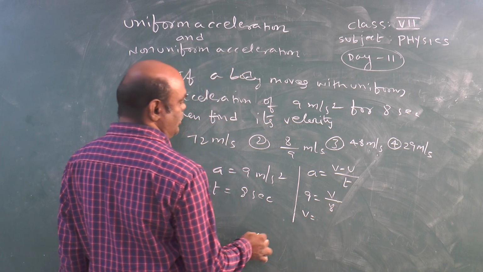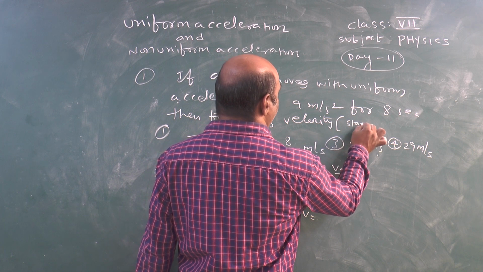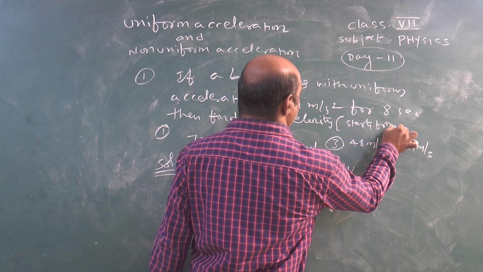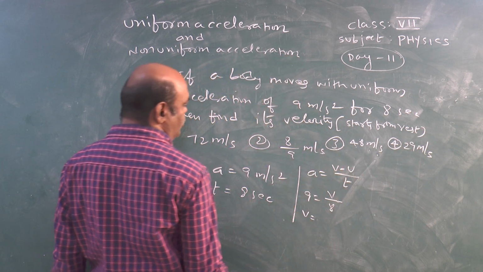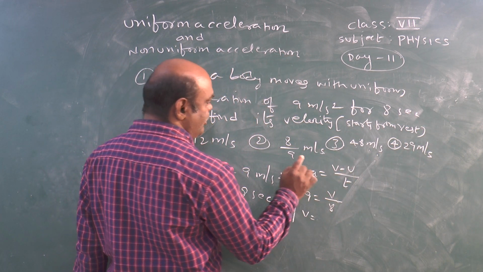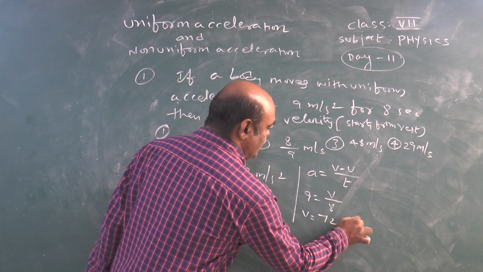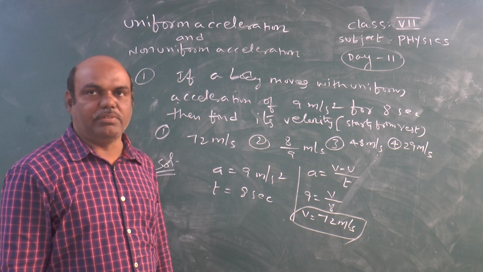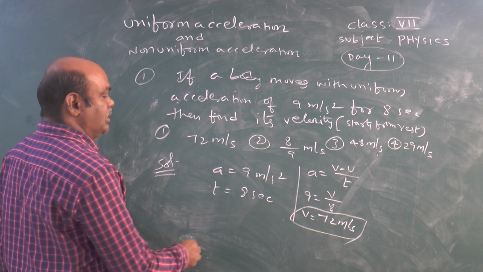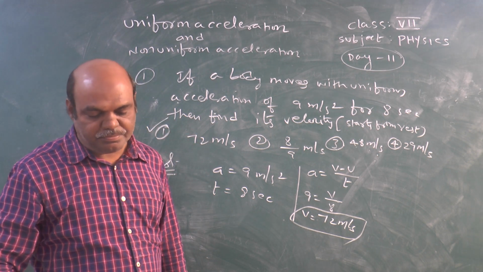The condition is that it starts from rest, so u will be 0. 9 equal to v by 8, v equal to 72 meter per second. That's why the first option is correct.